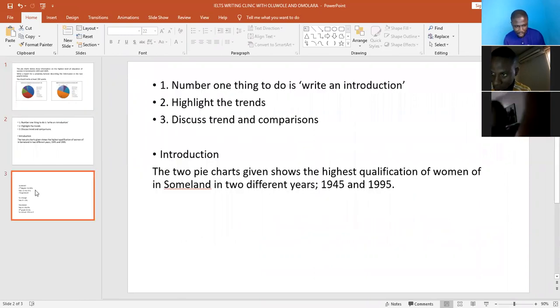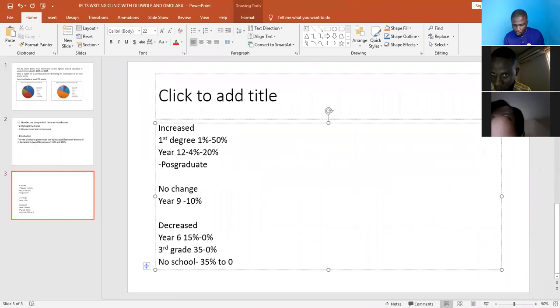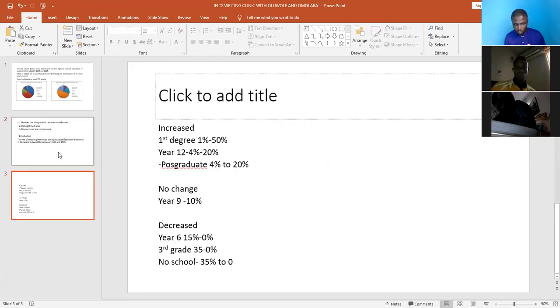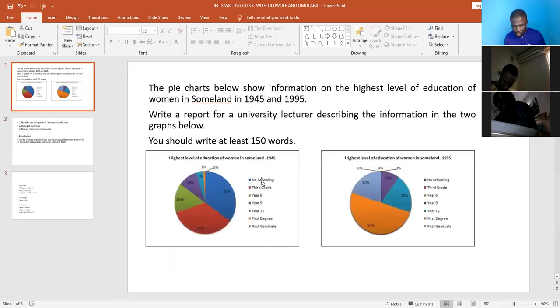So where did I get year 12? Okay, 4%. I think year 12, I need to check it again. It's 4% to 20%. Okay, then which one is the second blue? I think the second blue did not appear here. This one, 35%, no schooling.